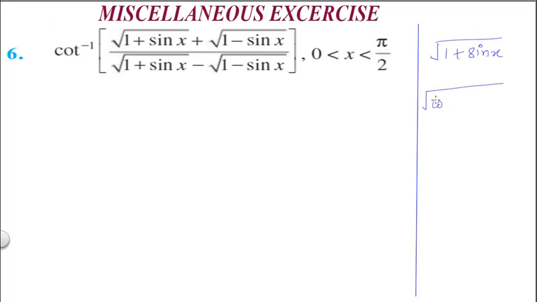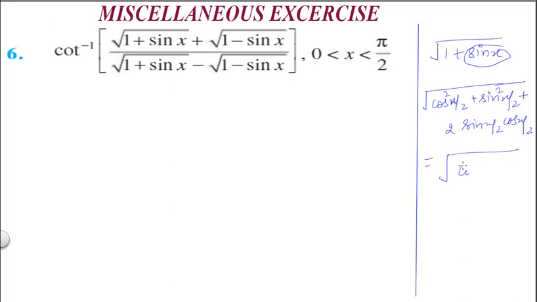1 can be written as cos square x by 2 plus sin square x by 2. Now, plus, this can be considered as sin x and can be written as 2 sin x by 2 cos x by 2. Now this all is there inside the under root. You see a square plus b square plus 2ab.